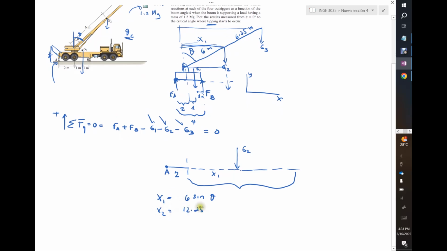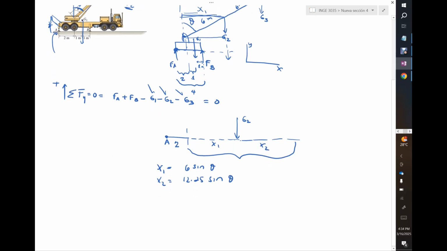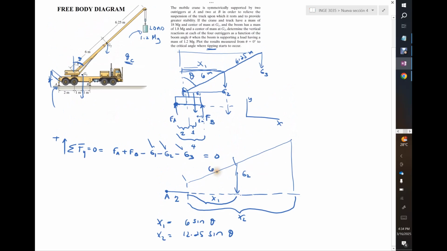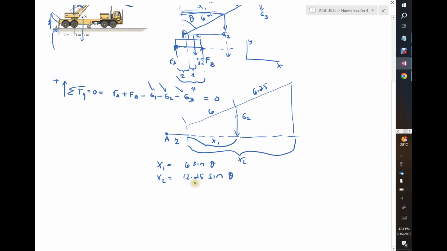Let me redraw here. x1 is from here to here, and this is x2, just to be careful. I add the total length of the boom. From here to here, according to the information, is 6, and I have another 6.25. So the total here will be 12.25 times sine of theta, which I don't know what it is.